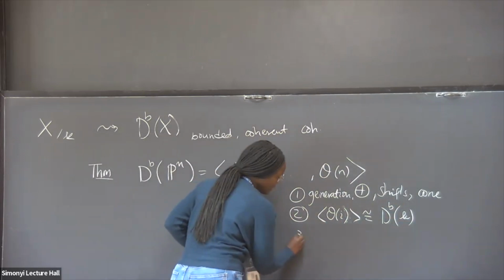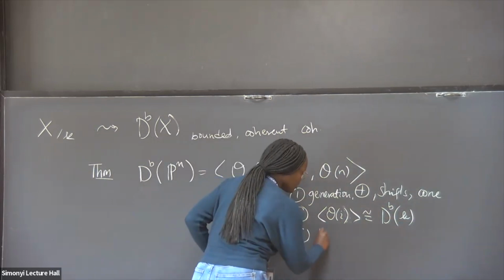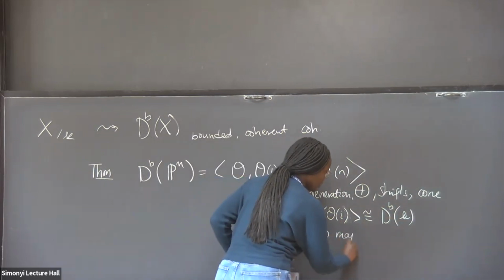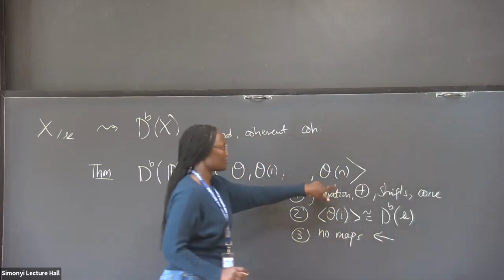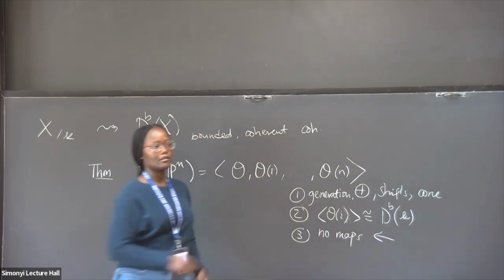And third, you can arrange this list in such a way that you have no Homs in this direction. Any Hom between such line bundles from right to left vanishes.